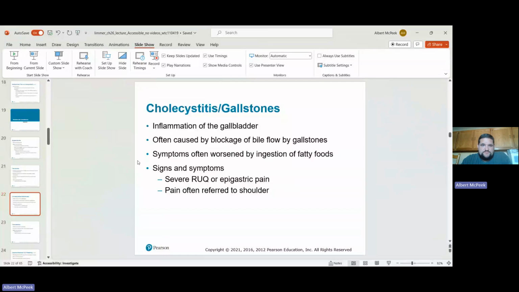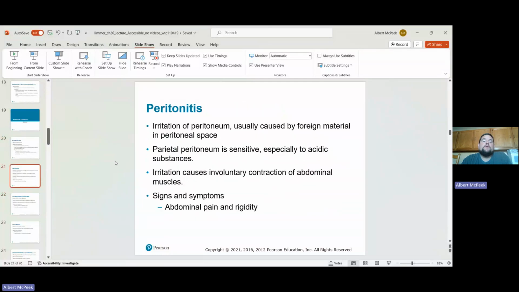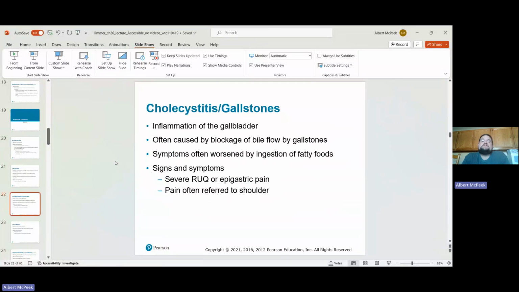Okay, speaking of gallbladder problems, it's cholecystitis or gallstones. Cholecystitis is the inflammation of the gallbladder. It's often caused by a blockage of bile flow by gallstones.